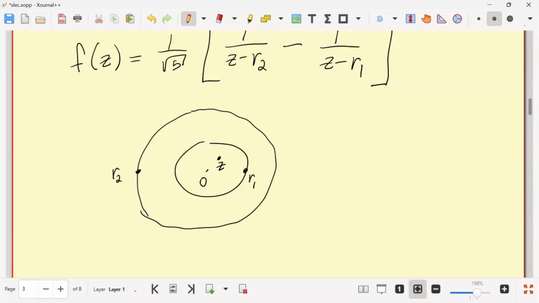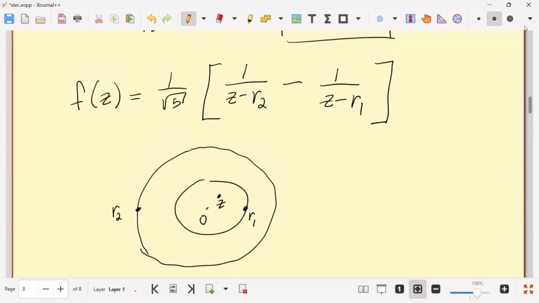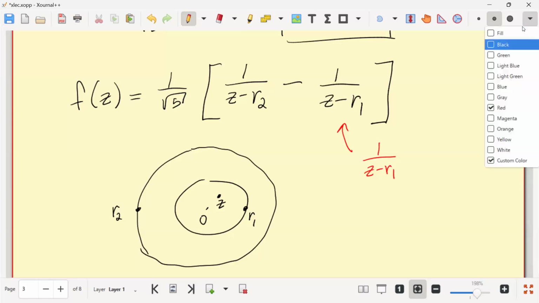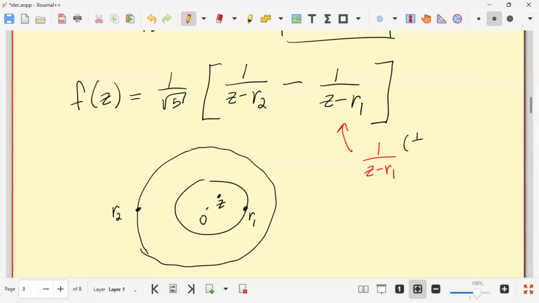So if I divide, I'll take care of this first one here. I'll write this one as 1 over z minus r1. I'll divide the top and the bottom by r1. In fact, I'll multiply top and bottom by minus 1 over r1.